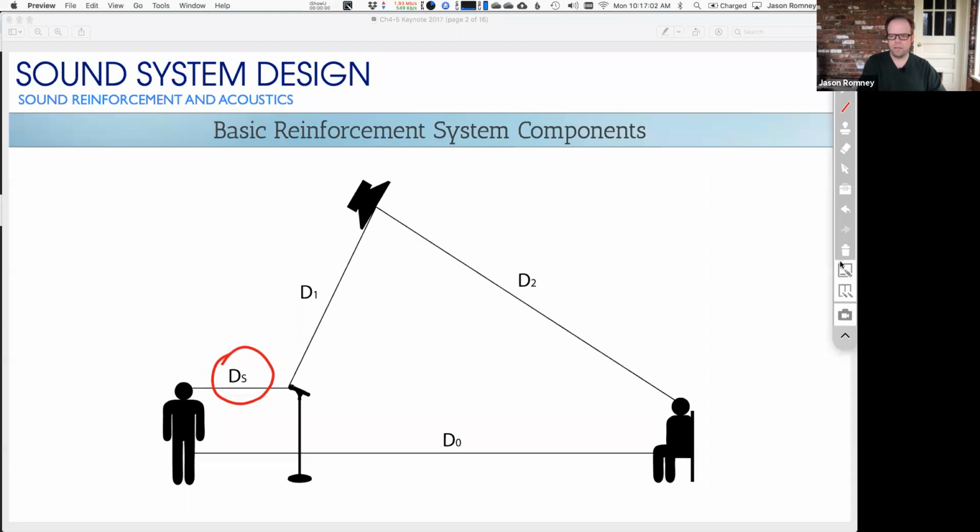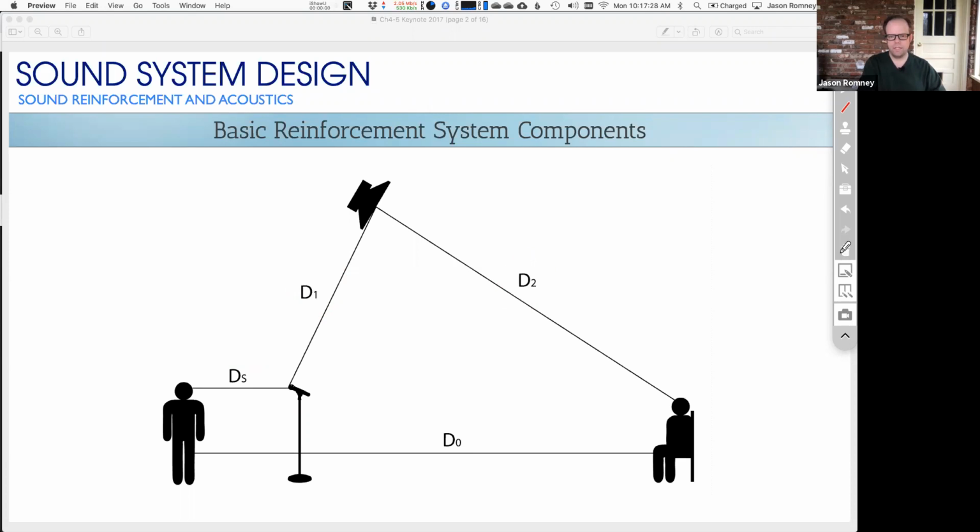Okay, and then there is d1. d1 is the distance between the microphone and the loudspeaker. And then we have d2. d2 is the distance between the loudspeaker and the listener.